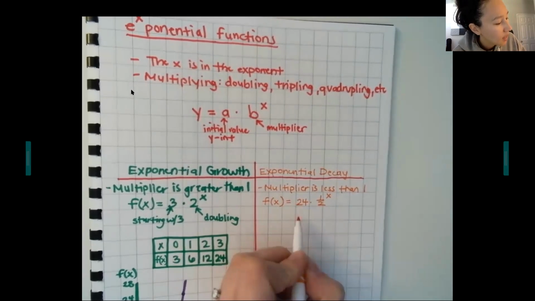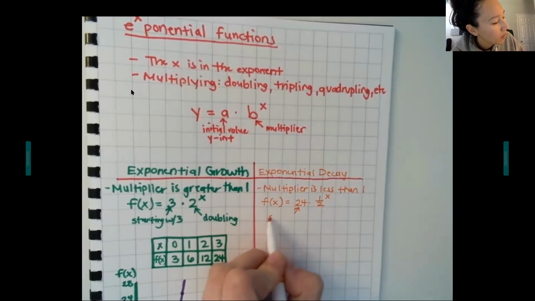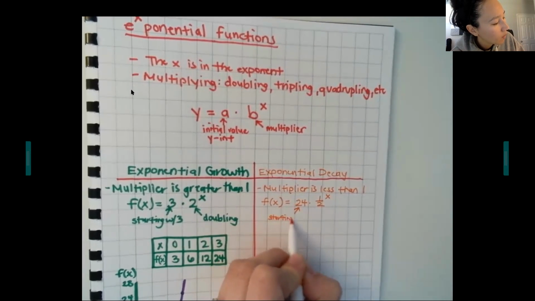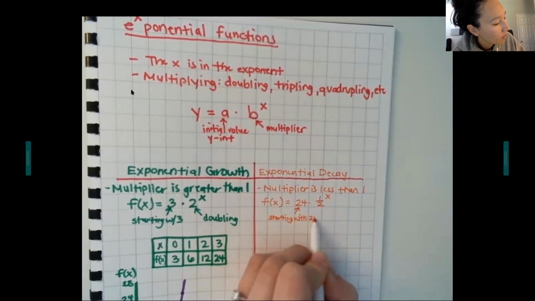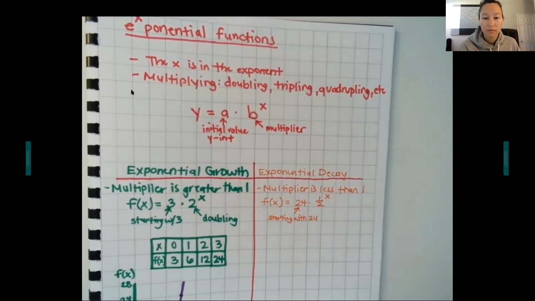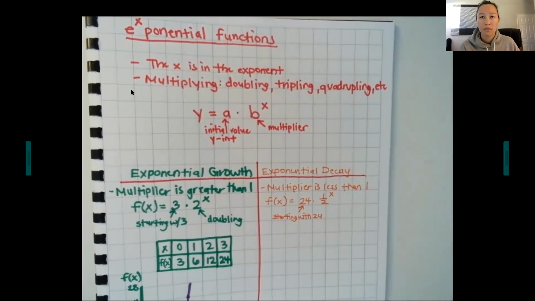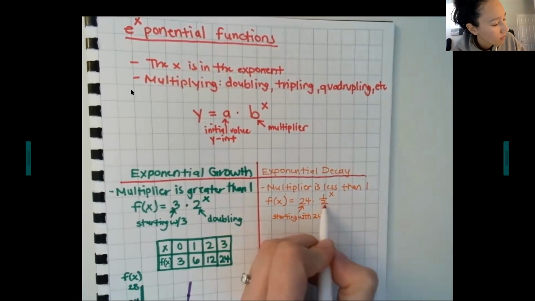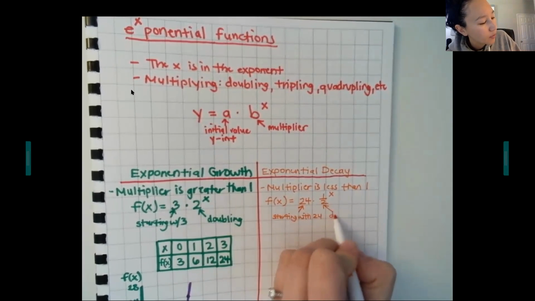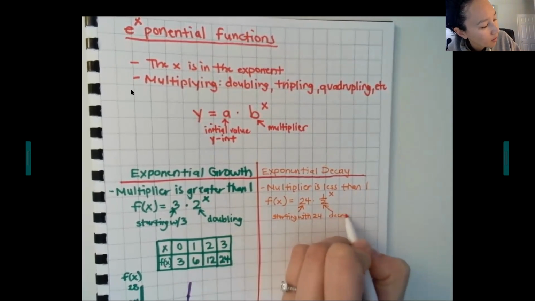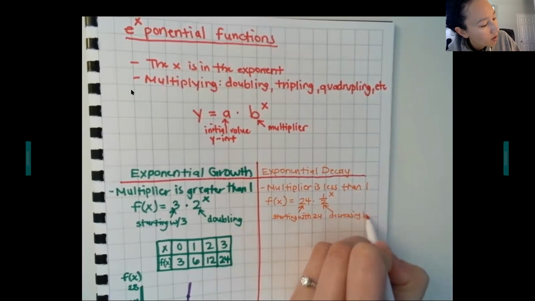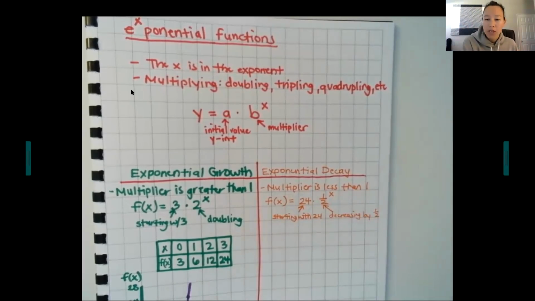And this tells us that we are starting with 24, and then that it is decreasing by 1/2. So each time it's cutting in half.